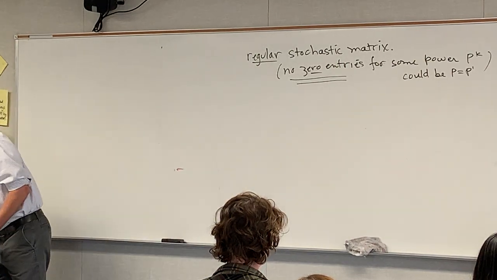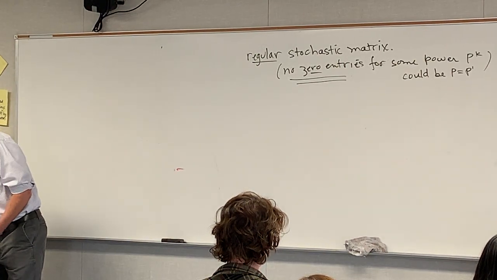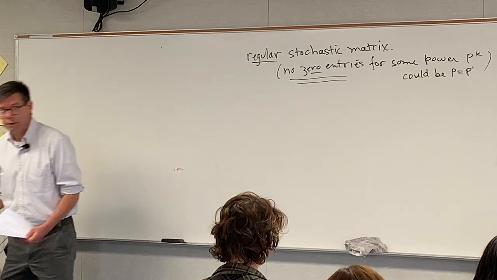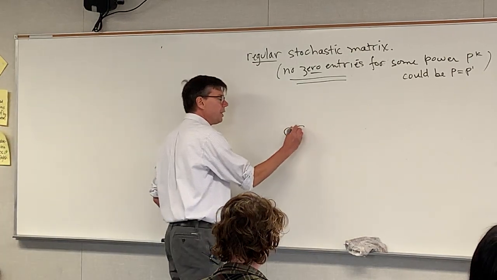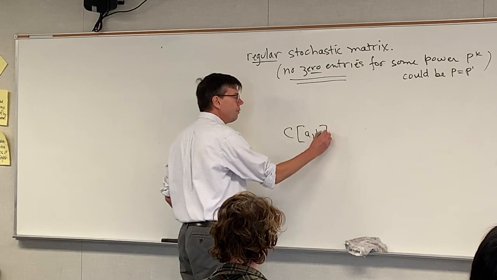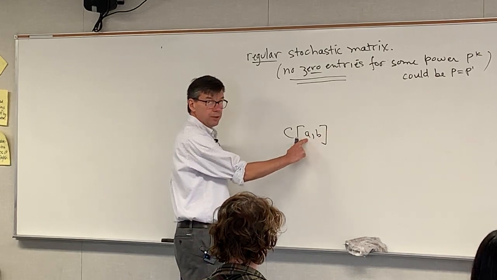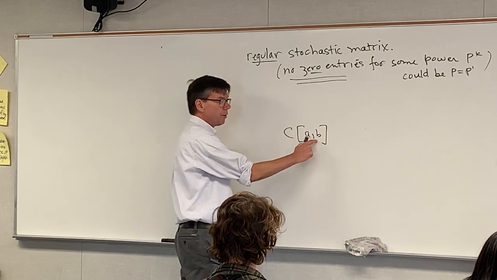Continuous functions on the interval AB. So for a particular example, you would need numbers filled in for A and B. We've looked at continuous functions on the closed interval from 0 to 1.